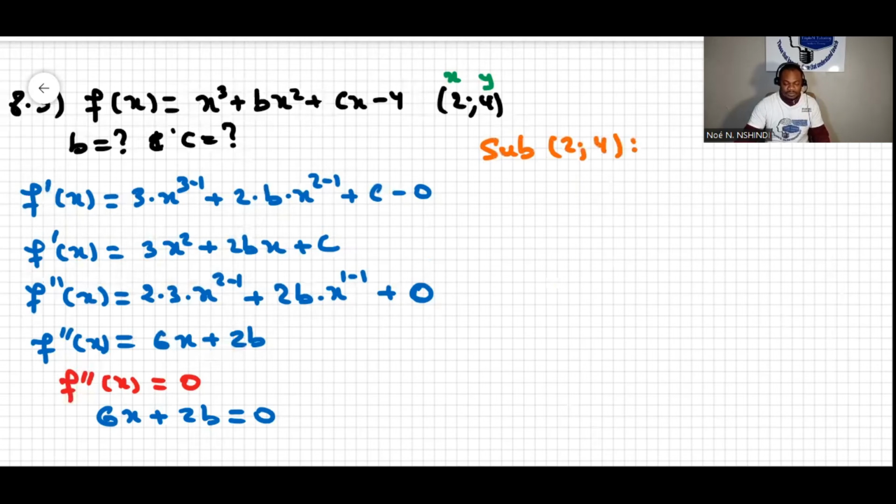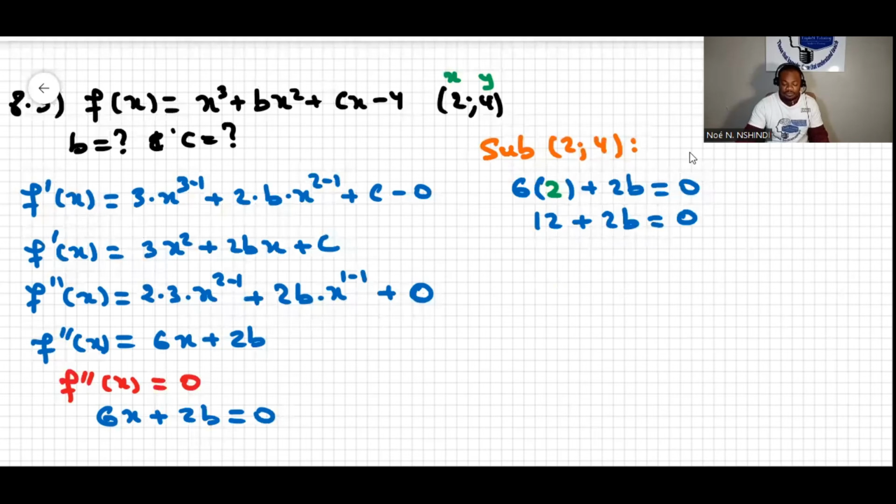So the second derivative is 6x plus 2b equal to 0. If I substitute the value of x, which is 2, this will be 12 plus 2b equal to 0.